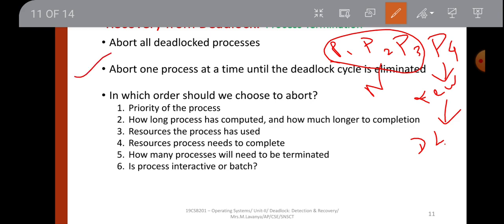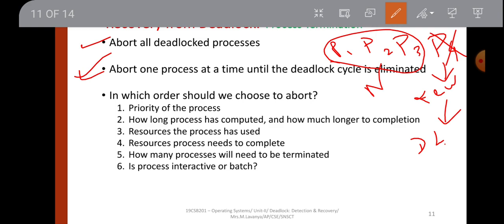If the process P4 is eliminated from the system and the system is free from the deadlock cycle, then we can assure that the system is in a safe state. In such a situation, the work completed by the processes P1, P2 and P3 will not be wasted, right? So instead of aborting all the processes at a time, aborting one process at a time is an efficient way in this situation.